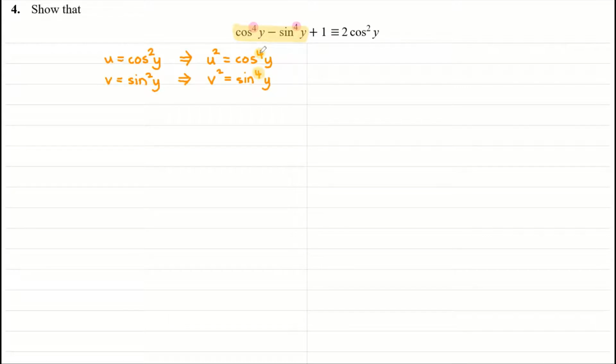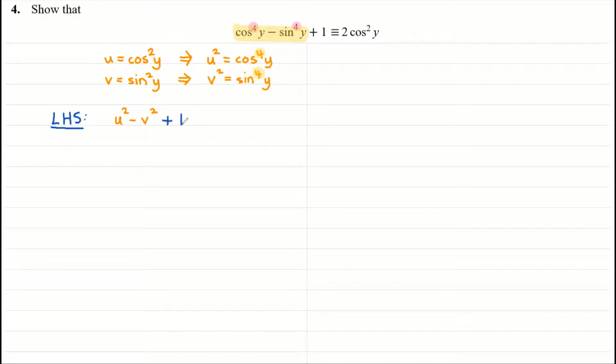So on the left-hand side, let's discuss what's going to happen. We could think of this as u squared subtract v squared, because it's cos to the 4y subtract sine to the 4y, plus 1.